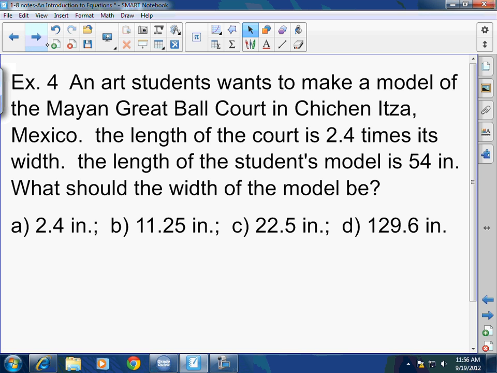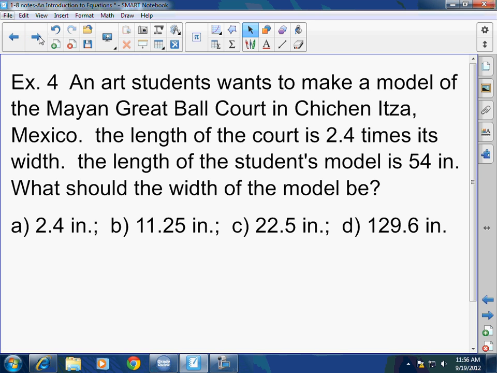Thank you. Okay, now the good stuff. Let's try to write an equation for this, and then we want to plug in all of these choices to find out which is the solution. So let's go ahead and read it. It says an art students, I apologize about that.